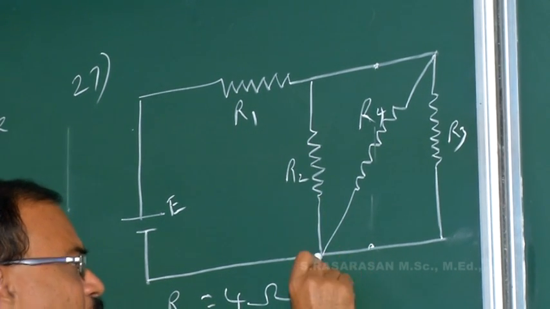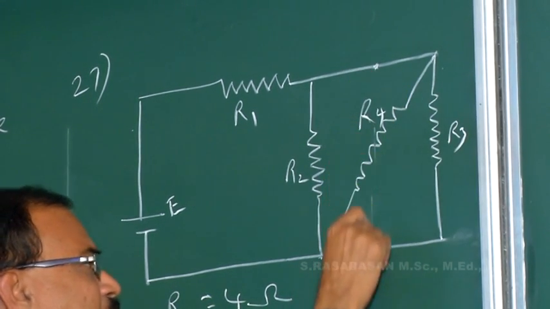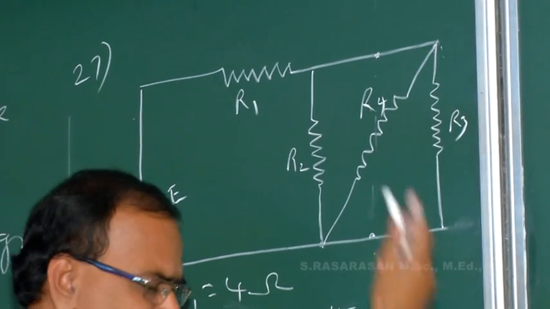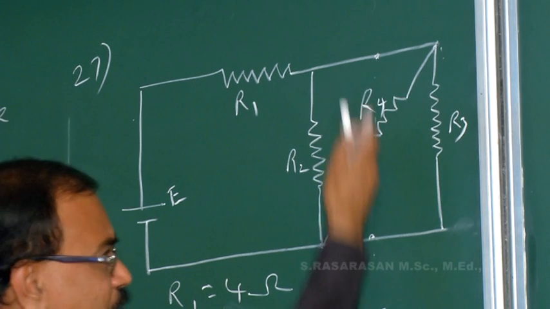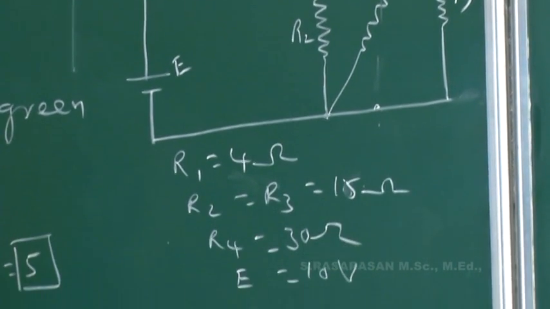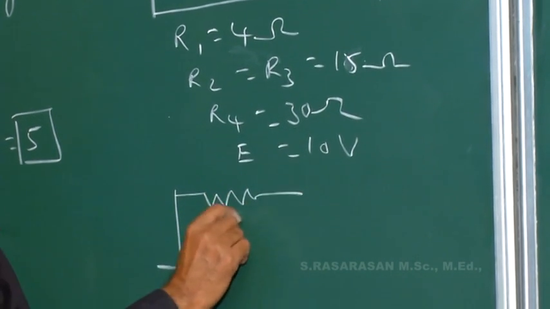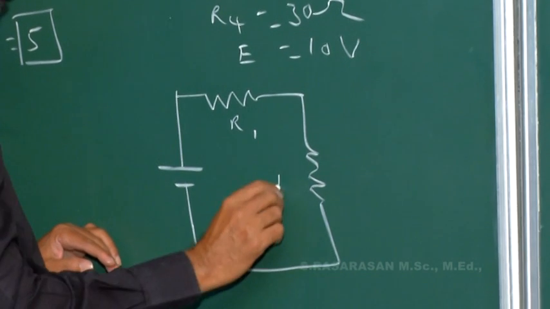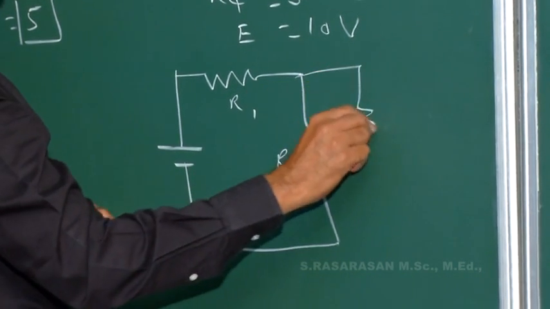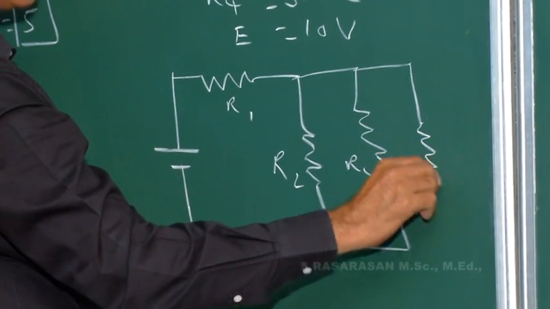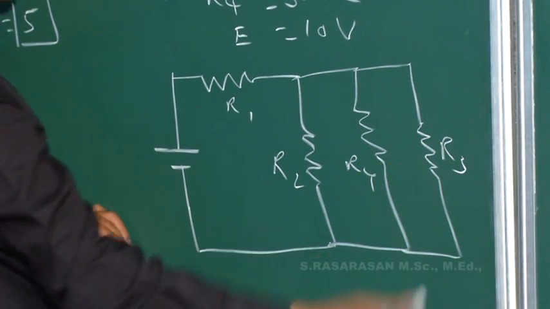So instead of coming diagonally, it can come in a straight line also. The meaning is the same whether it comes in a straight line or diagonally. So I can redraw this diagram. Yes, this is a battery, and this is R1, and this is R2, and this is R4. See what I told? This is R3.